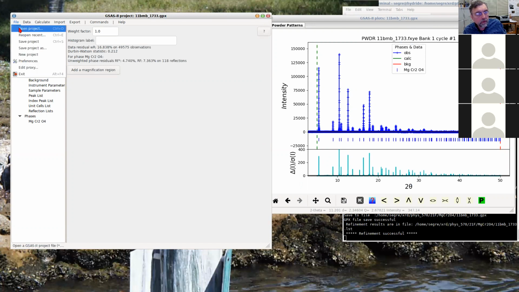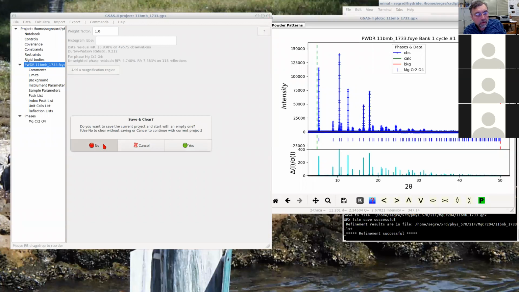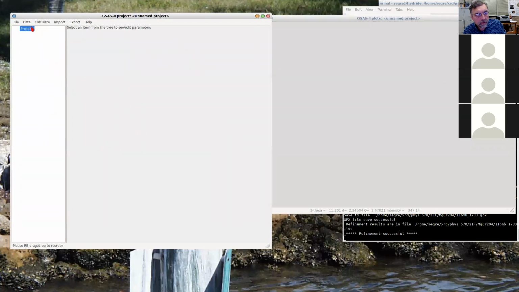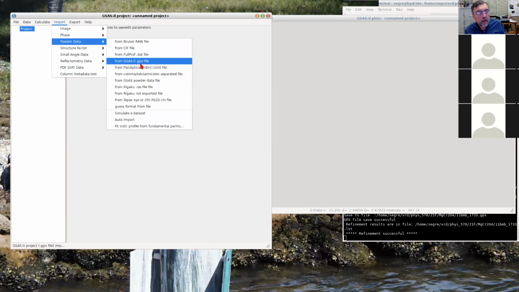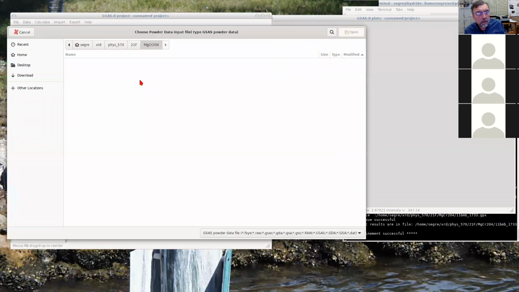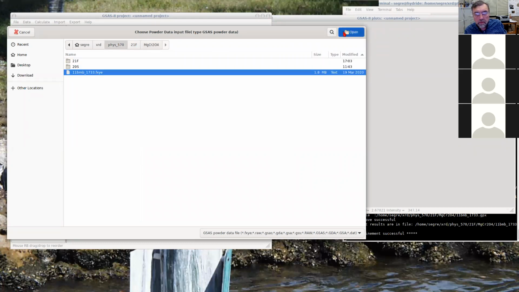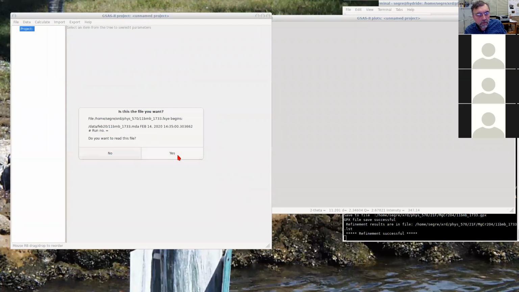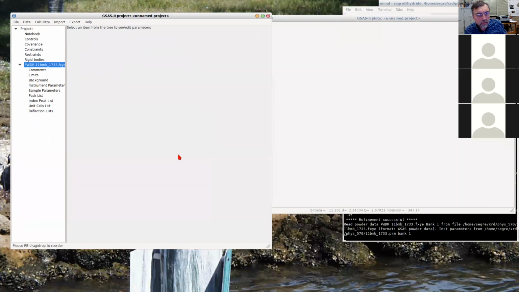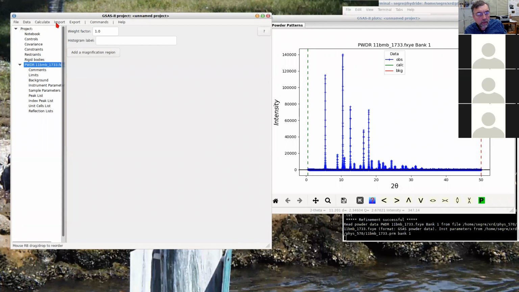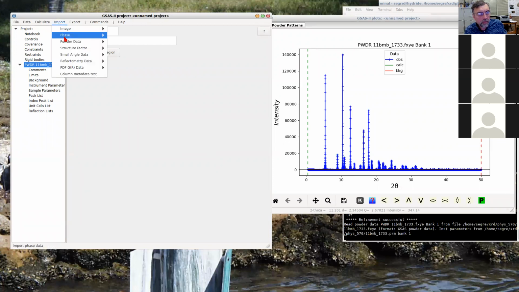Let me start with a new project. Not save this. And I'm going to just import the data really quickly again. Okay, and then I'm going to import a phase.